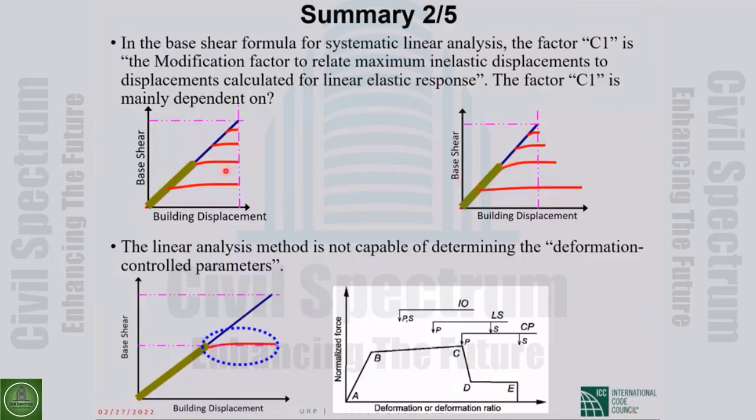For longer period buildings, equal displacement approach, C1 equals 1. For lower period buildings, C1 is more than 1. Their inelastic displacement is more than elastic displacement.